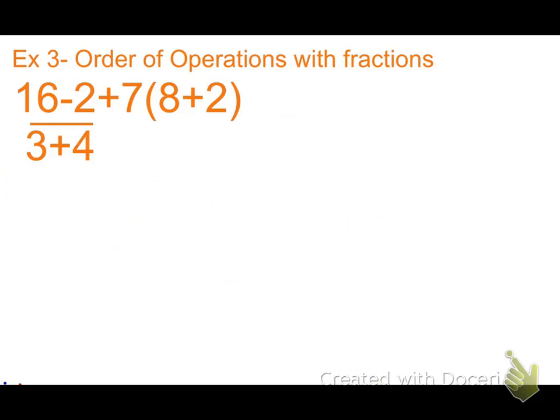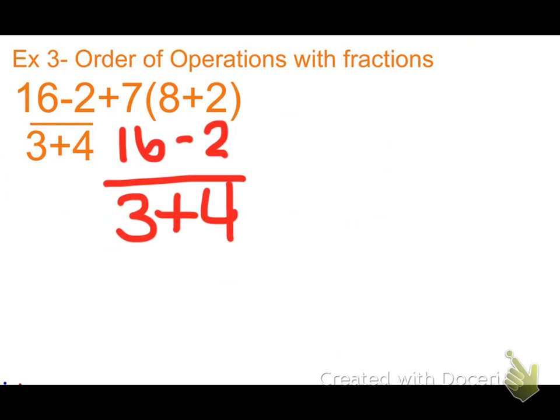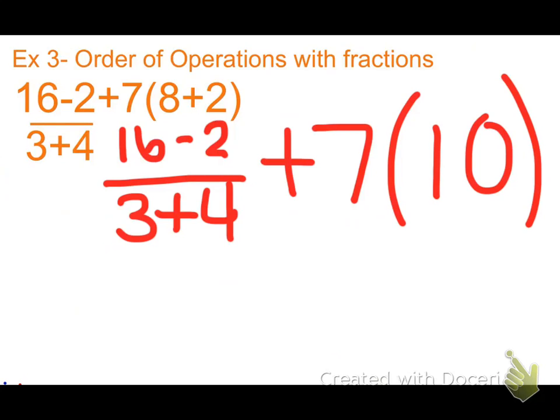Now example 3, order of operations with fractions. First and foremost, step 1 says that we have to do parentheses, which is the P in PEMDAS. So 16 minus 2 over 3 plus 4 plus 7 times the parentheses 8 plus 2. So first we have to do 8 plus 2, and that equals 16 minus 2 over 3 plus 4 plus 7 times 10, because 8 plus 2 equals 10.